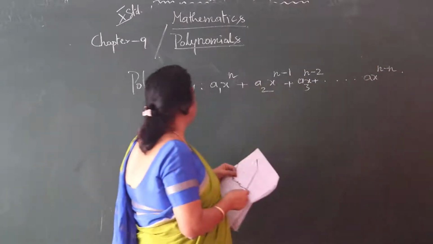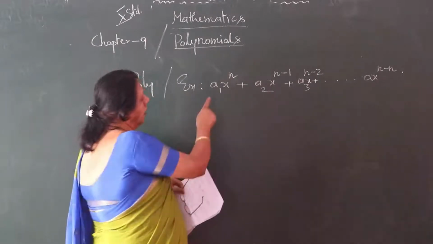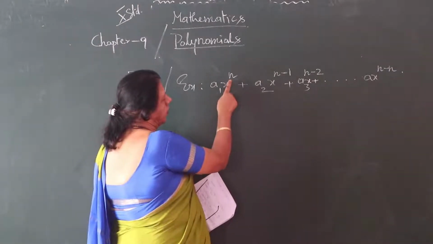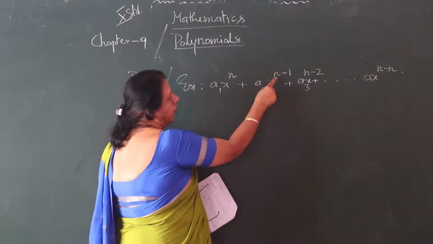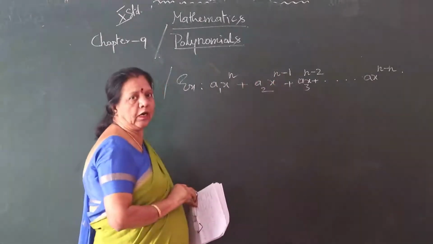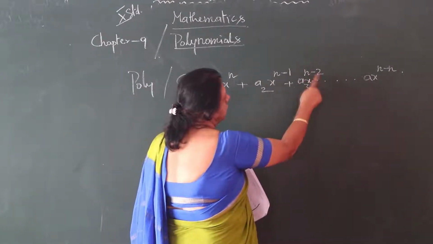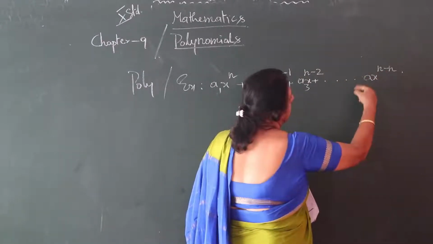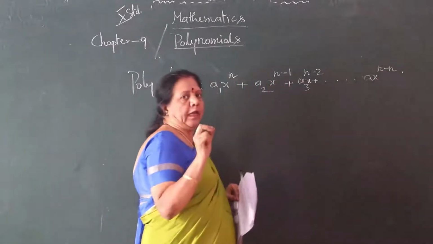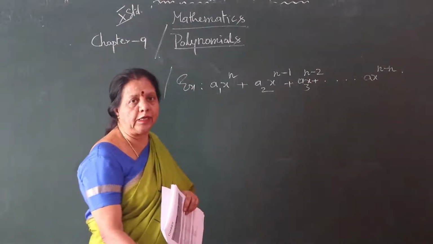So this is the example for terms. See here, a1x to the power of n plus a2x to the power of n minus 1, then a3x to the power of n minus 2, and the ending term.